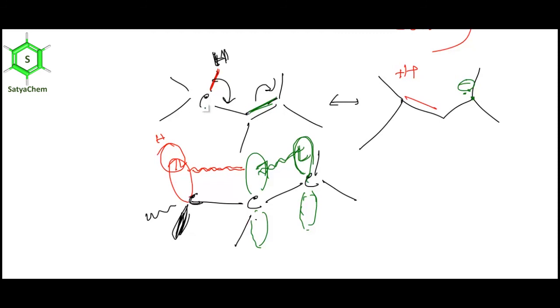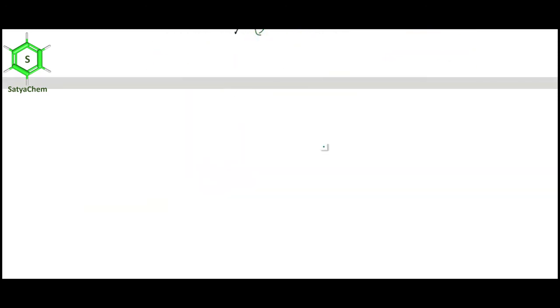So obviously, the higher the number of hyperconjugative hydrogens, the higher will be the stability of the alkene. Let's see. I am drawing a simple alkene. This is 1-butene. Here the number of hyperconjugative hydrogens is only 2.